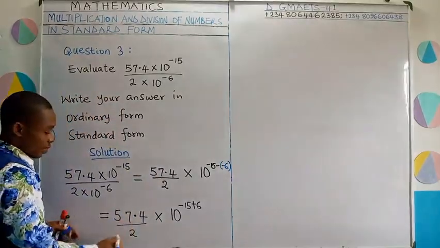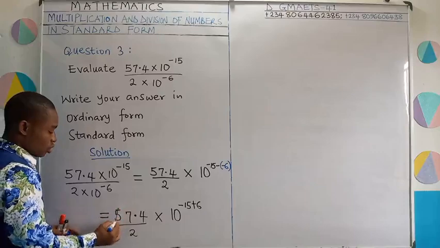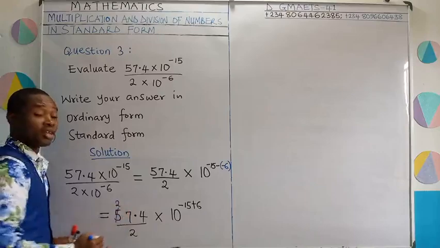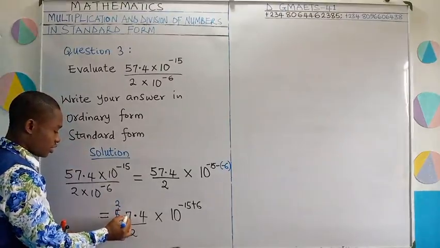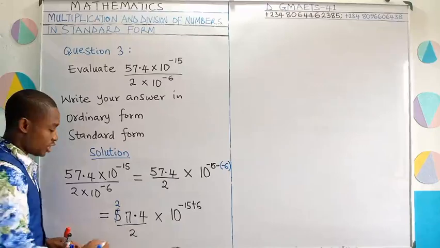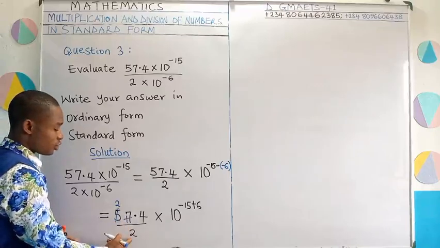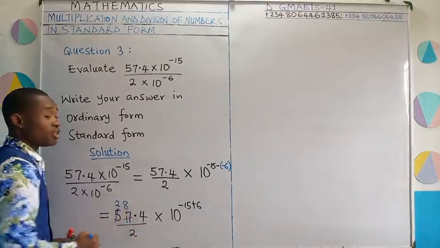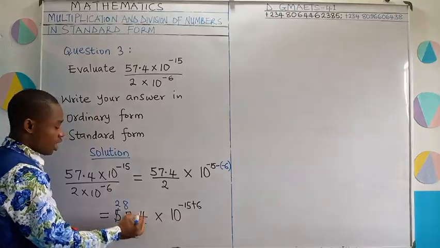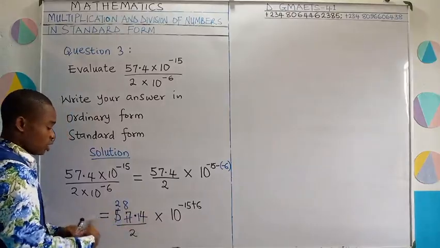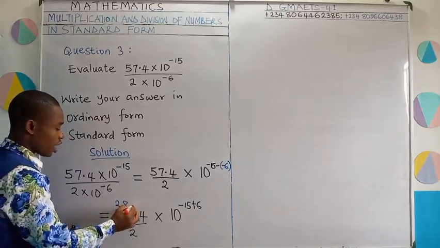So let's see that here. 5 divided by 2 will give us 2 times remainder 1. Attach the 1 to this 7, you get 17. 17 divided by this 2 will be 8 times remainder 1. Attach the 1 to this 4. As you are moving to that part of 4, remember to put your decimal point so that you don't forget.